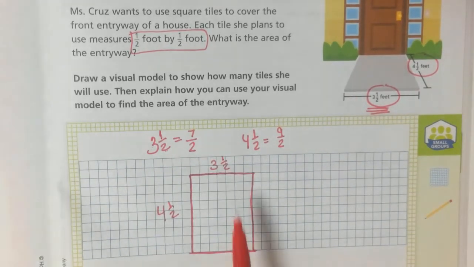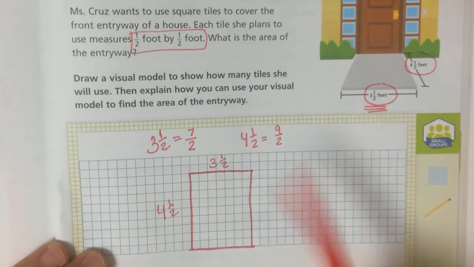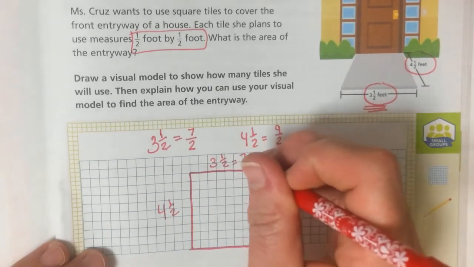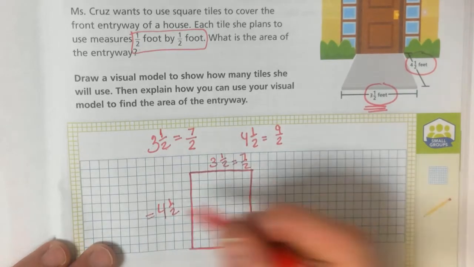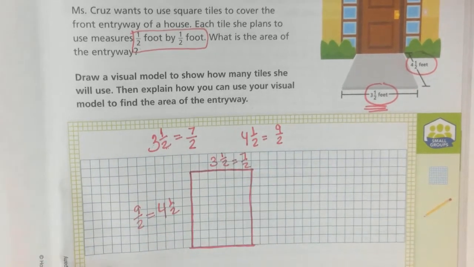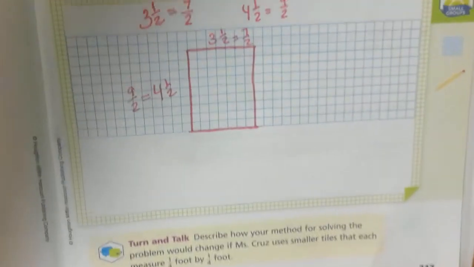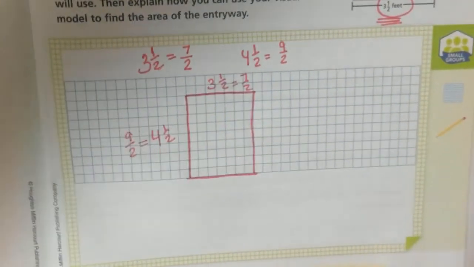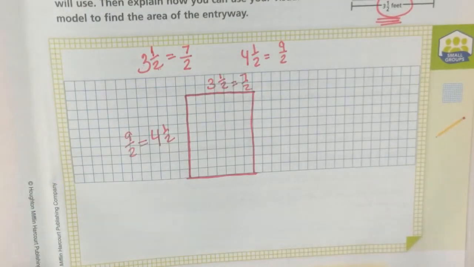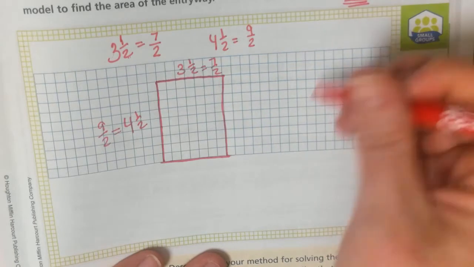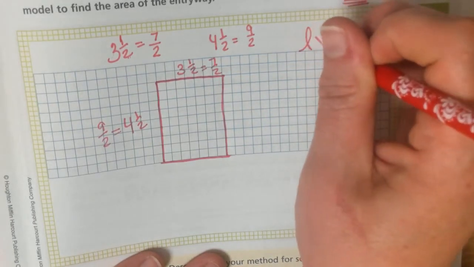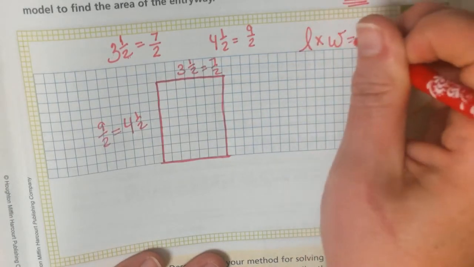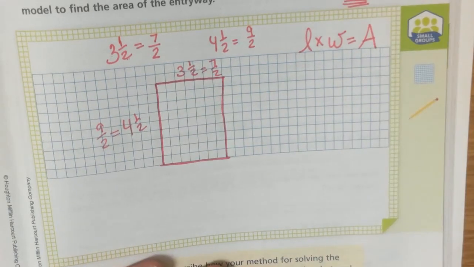Now, I want to cross 7, right, because this is the same as 7/2, and I went down 9. So that's 9/2. So when we find the area, what is the formula for area? Because remember, the question was, what is the area of the entryway? The formula for area is length times width equals area, right? Our length times our width.